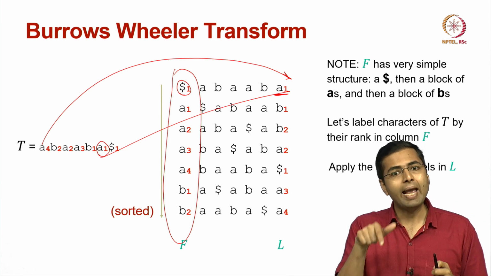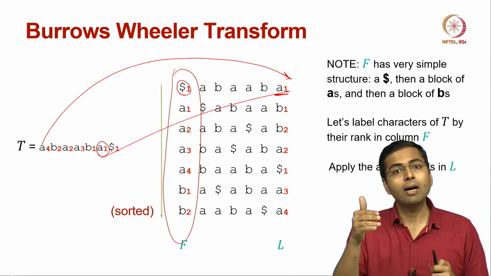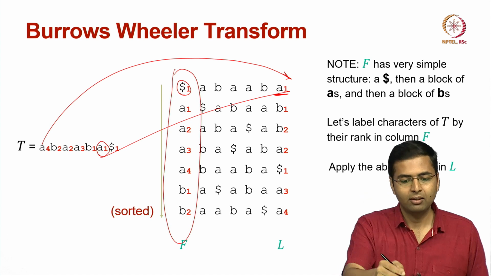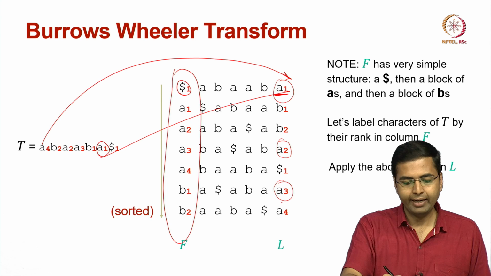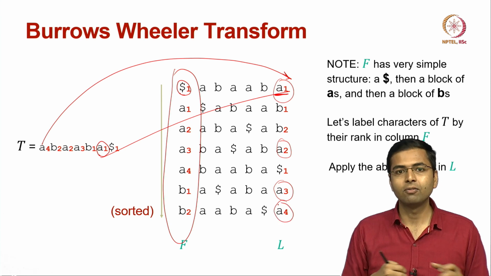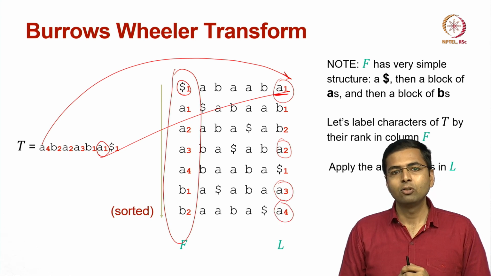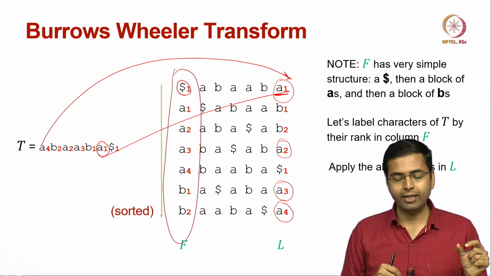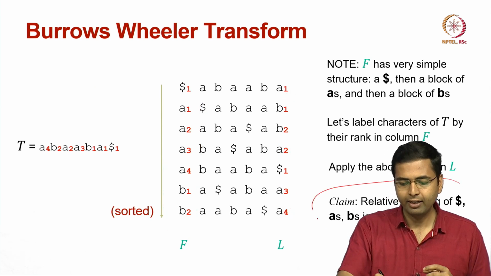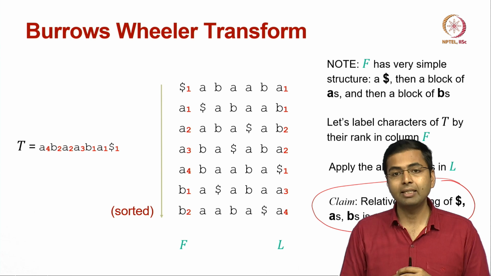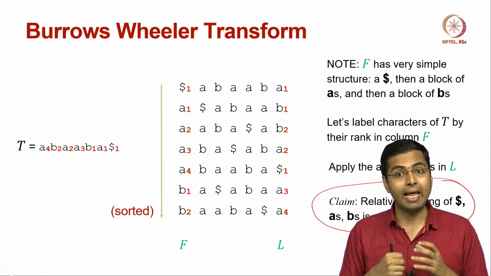But if you see column L as well, A1 occurs before A2, A2 occurs before A3 and A3 occurs before A4. So, that is the property that we have to capture here, that the relative ordering of dollar A's and B's is preserved in column L.